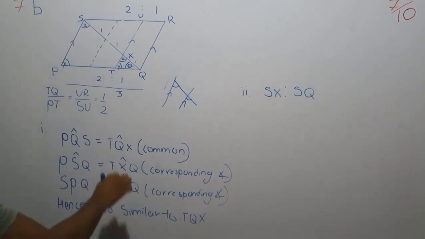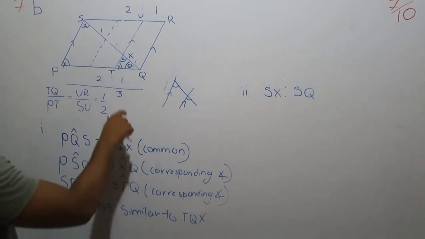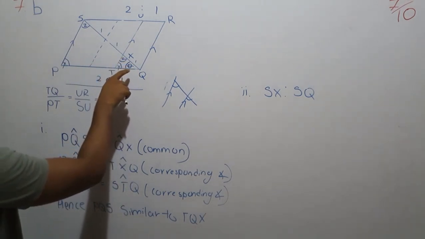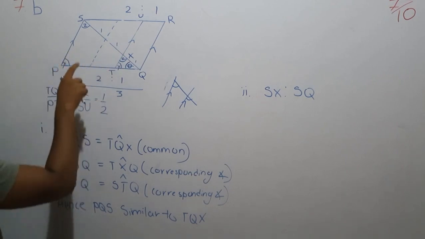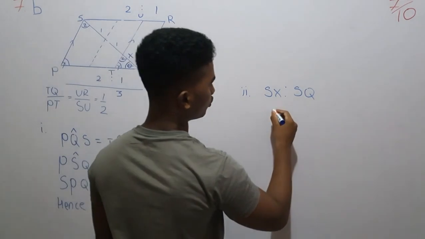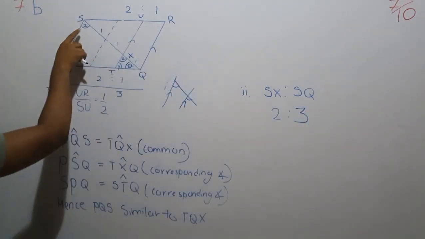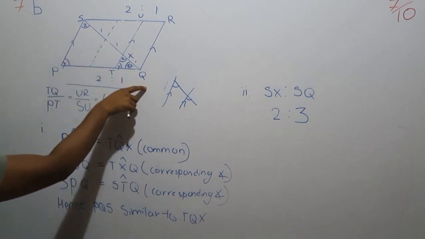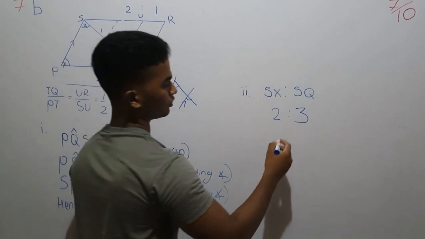So SQ altogether is 3 and SX is 2. SX contains 2 parts and SQ contains 3 parts. So what's the ratio? 2:3. This is the ratio.